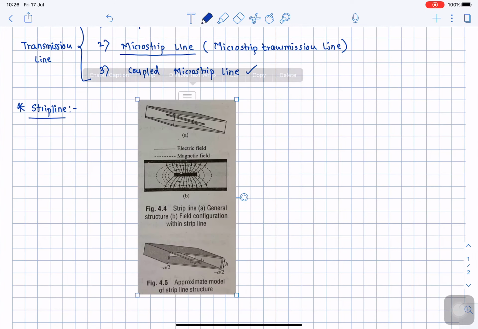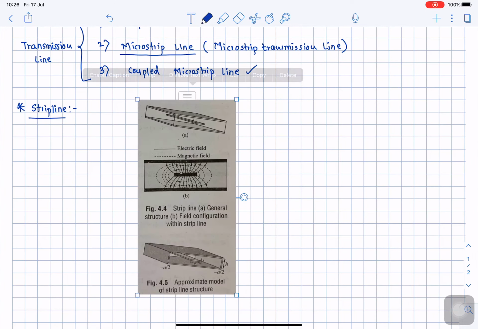Strip line is a metallic flat conductor. Now you may ask a question, how is this central conductor placed inside two ground planes? Please remember, the space which is available between the strip line and the two ground planes is actually filled with a dielectric material. Okay, so if I take some other color over here, if you visualize it, I am highlighting the inside content of this transmission line.